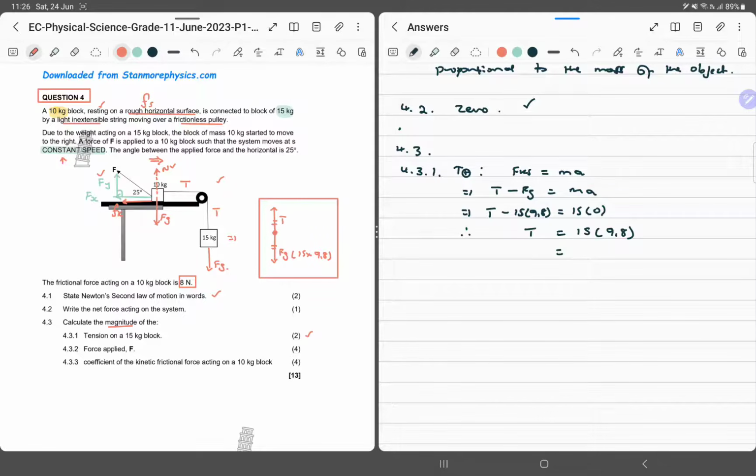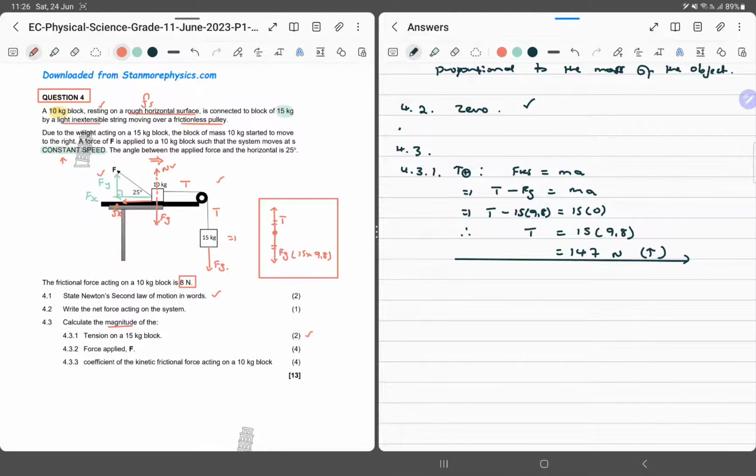Okay, so let's do it quickly. 15 into 9,8 is 147 newtons. Now on this block, the tension is upward, or you can say 0 degrees.